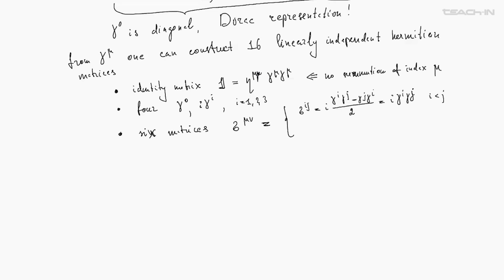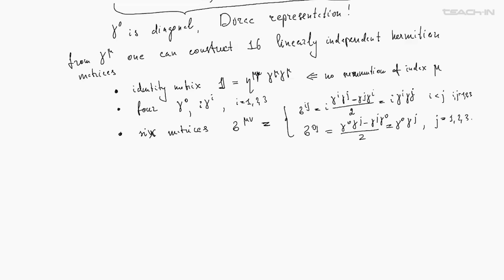And sigma 0j are given by gamma 0 gamma j minus gamma j gamma 0 divided by 2, which, again due to the Clifford algebra relation, is the same as gamma 0 gamma j, also for j equal to 1, 2, and 3. If you count these matrices, their number is equal to 6.